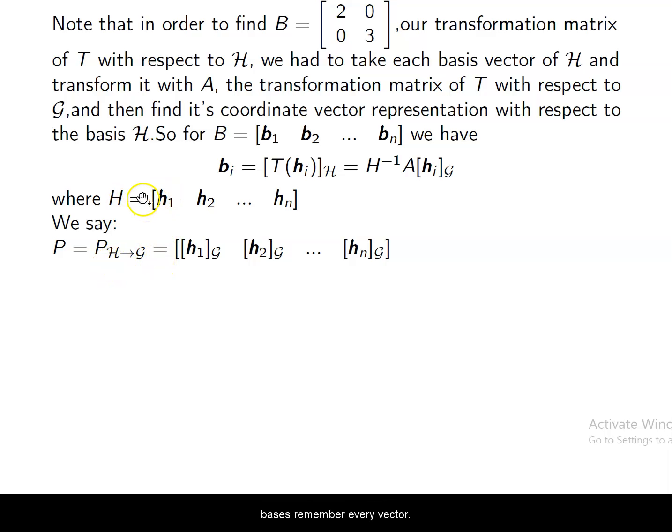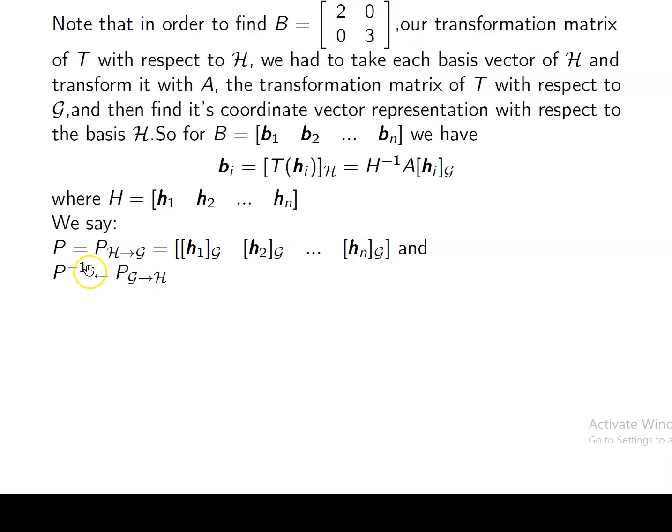Remember, every vector is written in terms of a basis. And so now we're taking those basis vectors, and if we write them in terms of G, that's going to give us a transformation of anything that we have in H and represent it in G, because we transform the core components that make up every vector under H, and we've turned them into G. So doing this gives us a transformation matrix from H to G.